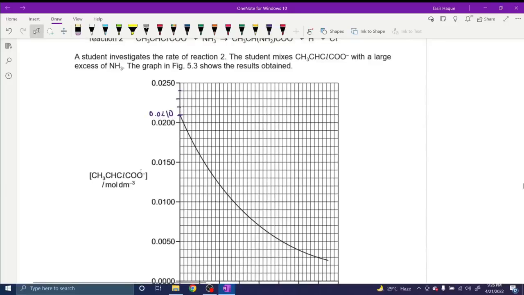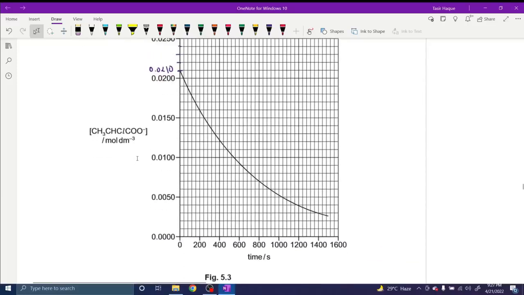So what's half of that? 0.021 divided by 2 is 0.0105. So 0.0105 is over here, so it's basically here, kind of like this.